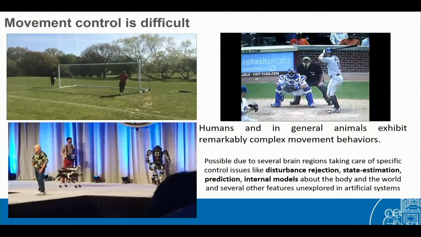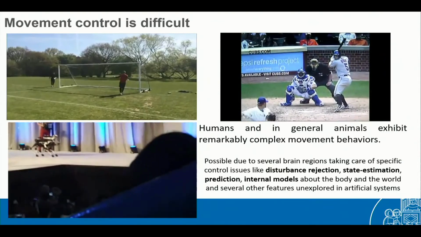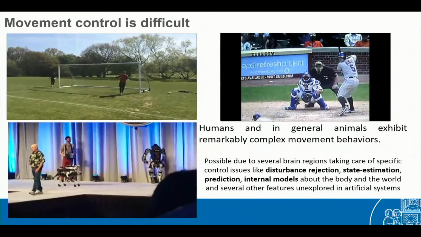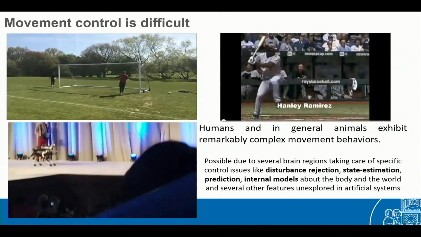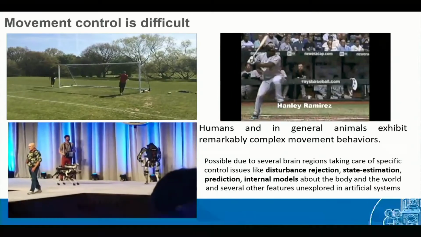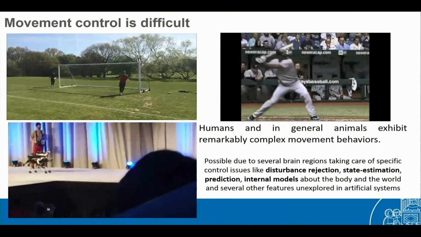Of course, the goal is to try to replicate this in robots, and as you can imagine, this is not easy, because the perception of the environment is very difficult when it has to be done using artificial devices, and so is the control of the robot itself.